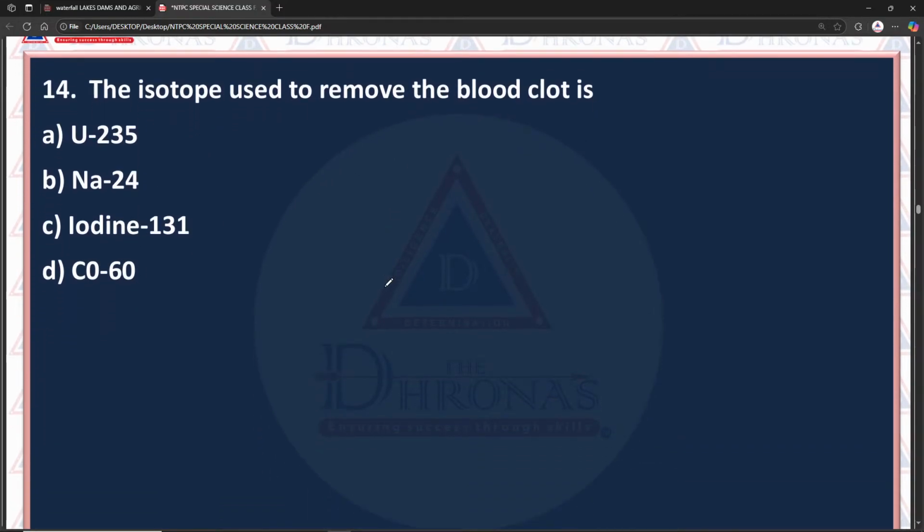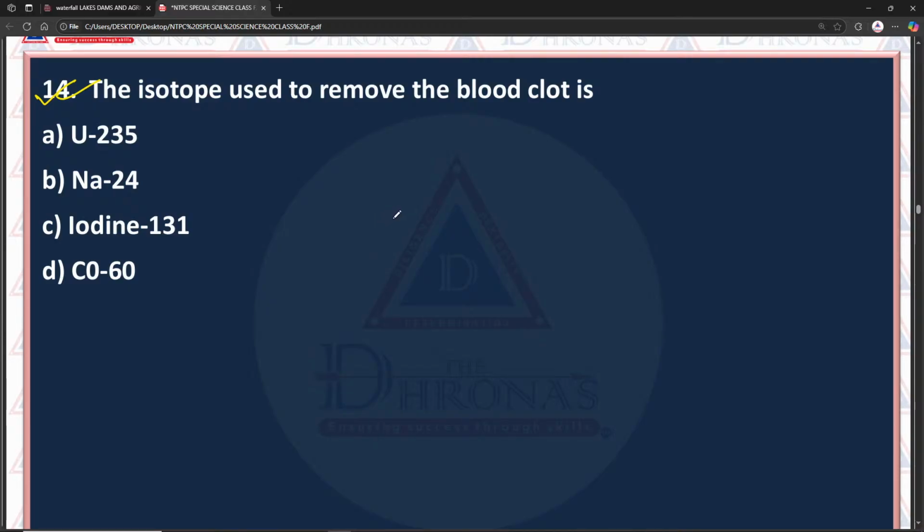The isotope used to remove blood clot. Which isotope is used to remove blood clot? Uranium 235, sodium 24, iodine 131, cobalt 60. These are all radioisotopes.